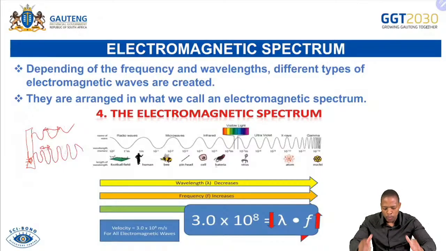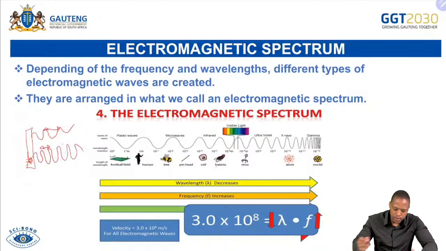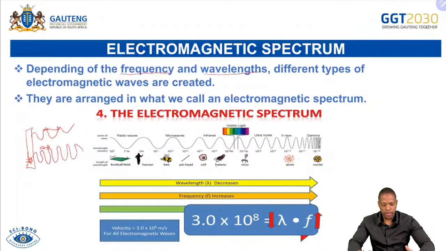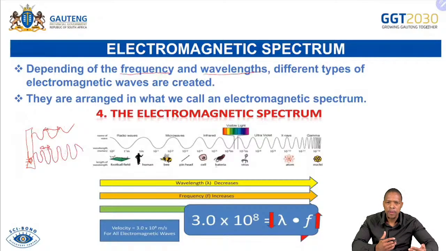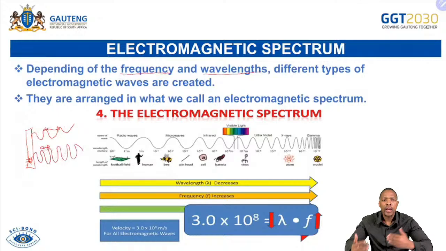And that is true. We do have different types of electromagnetic waves, and they depend on the frequency and the wavelength. These different types of electromagnetic waves that are created by the movement of particles have different frequencies, and since they have different frequencies, they have different wavelengths.